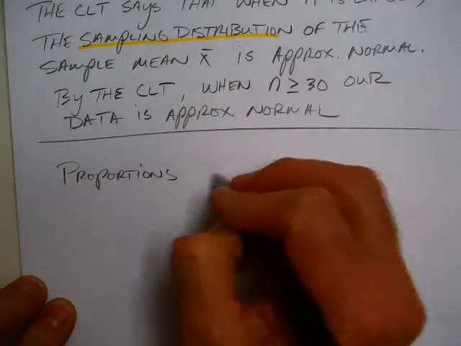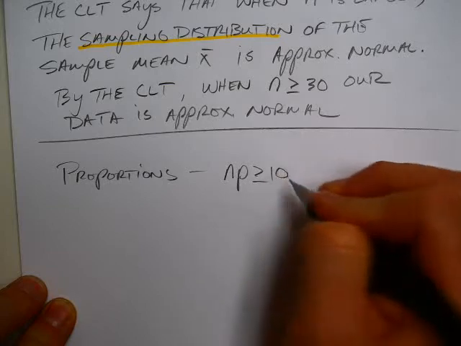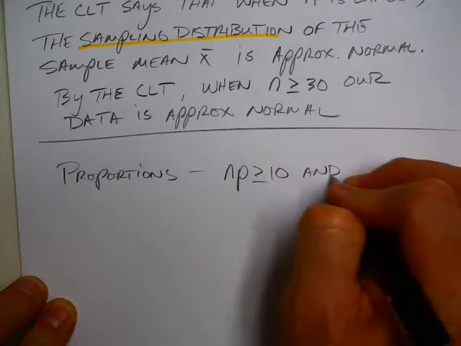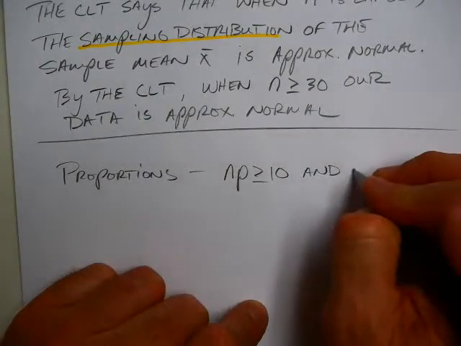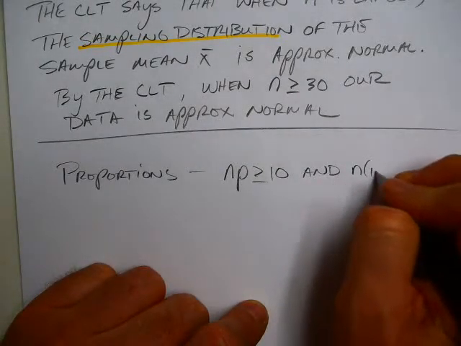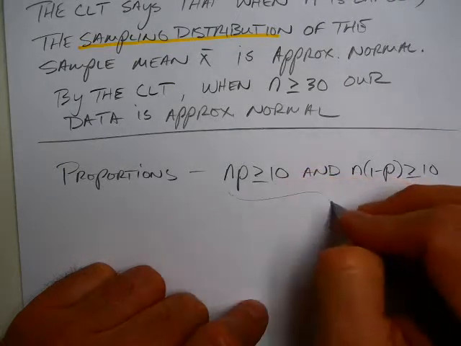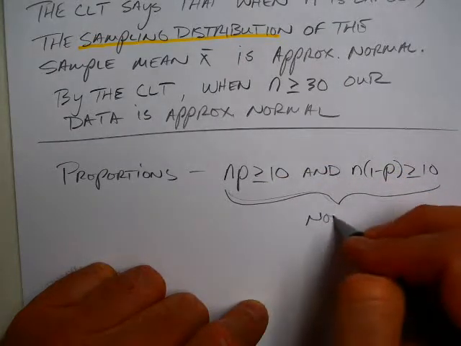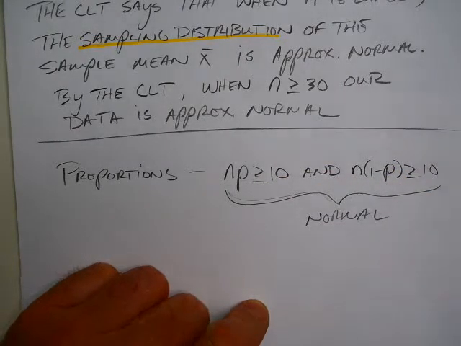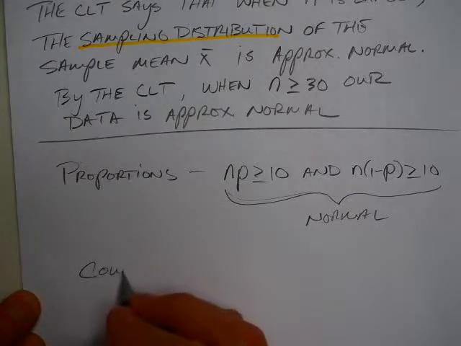And in proportions we learned that if n times p is greater than or equal to 10, the number of successes, and n times 1 minus p is also greater than or equal to 10, then that is normal. Our sample size is large enough for us to call it normal. Well, for counts, we have the central limit theorem.